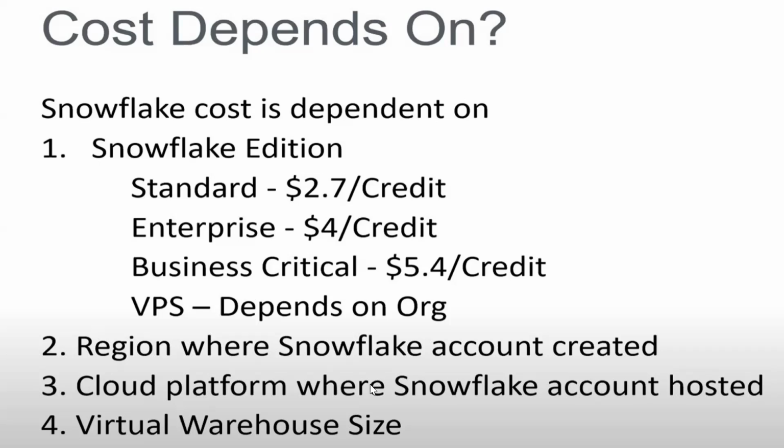And what are the different factors? Snowflake edition is one factor. The region where the Snowflake account is getting created, like Asia Pacific region or Mumbai region, whatever it is, that will also impact. The cloud platform where the Snowflake account is getting created, like AWS cloud, separate charge; Azure cloud, separate charge; GCP, separate charge. And the virtual warehouse sizes you are using will also impact.